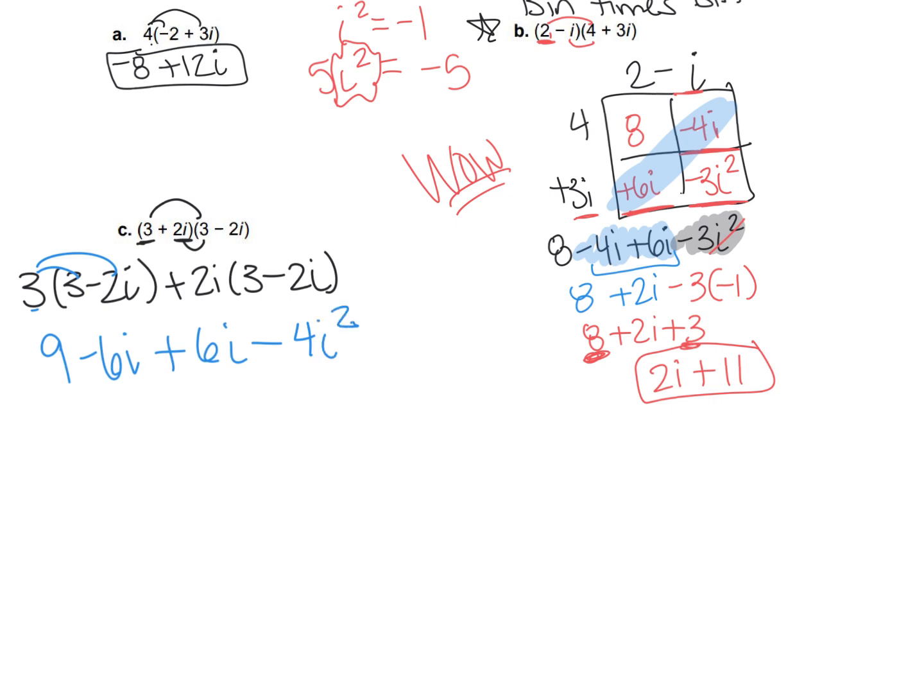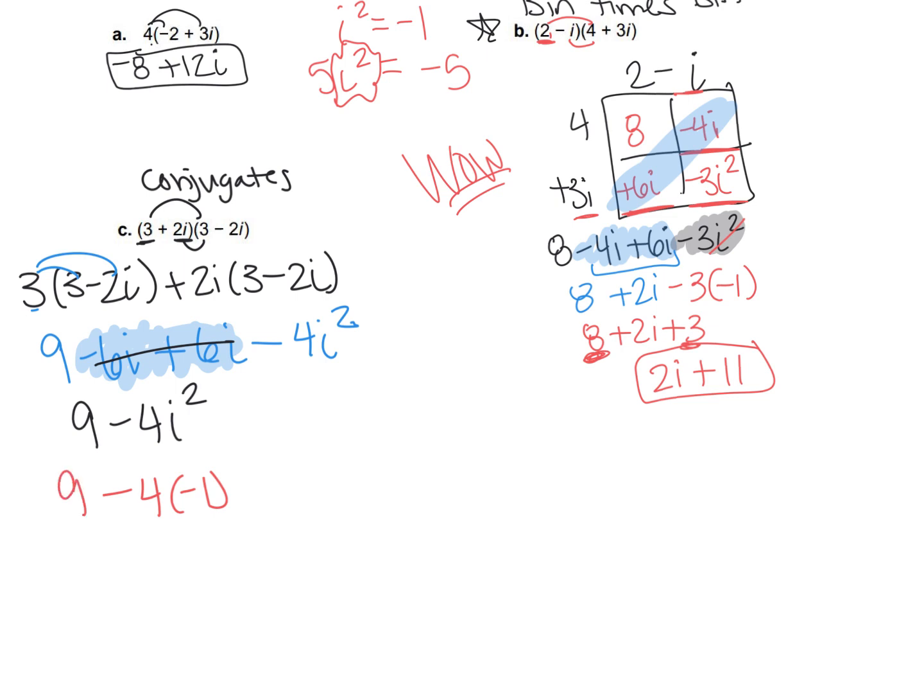All right. I combine my middle terms. Now you might have guessed, since these are conjugates, the middle terms actually cancel out, and I'm left with 9 minus 4i squared. Also, I know i squared is equal to -1. So really it becomes 9 plus 4, which is 13. Now what's really cool is if you have a calculator, you type this in, it's really neat, because you'll end up with 13.